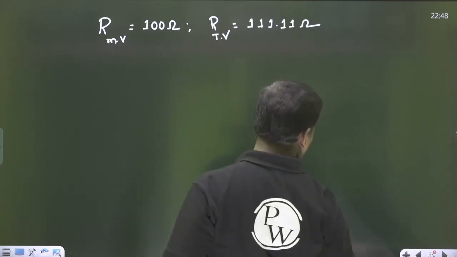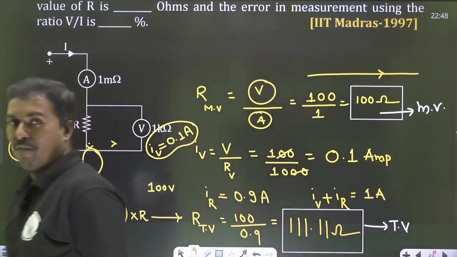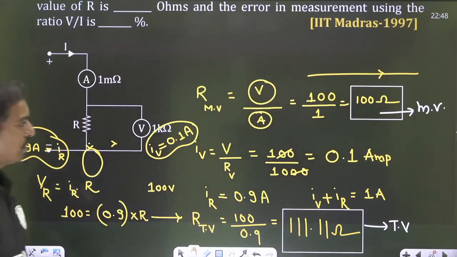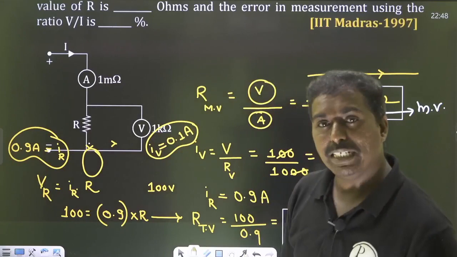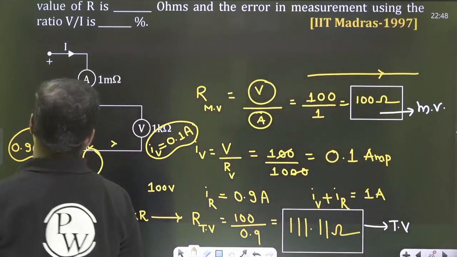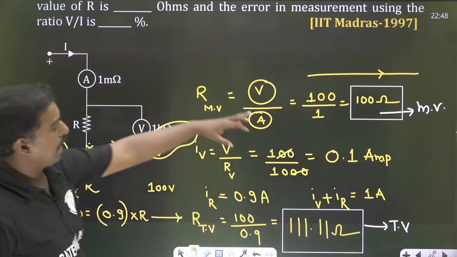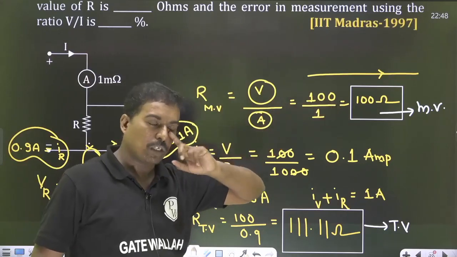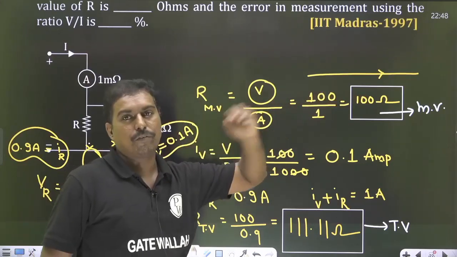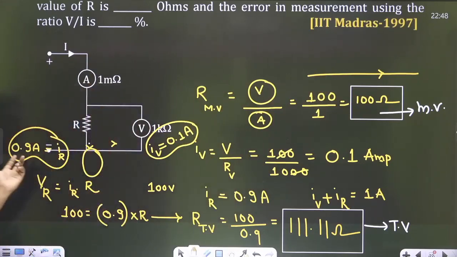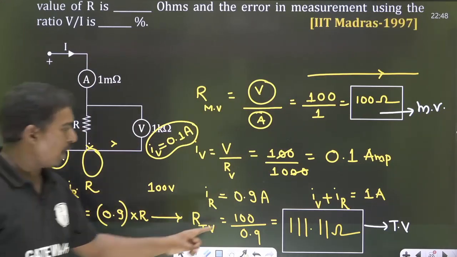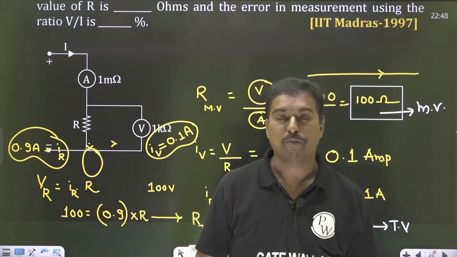Very, very important question. Why? Because by using the measuring instruments, we are facing errors. As per the meter readings, we are getting 100 ohms because the ammeter is showing 1 ampere and the voltmeter is showing 100 volts. But as per the electronic circuit current division concept, the true value of resistance is coming more, 111.11.